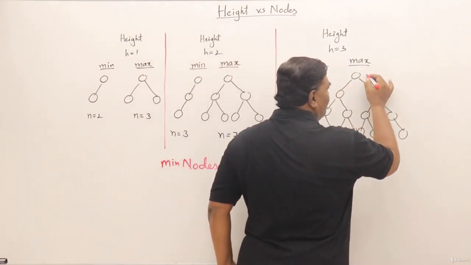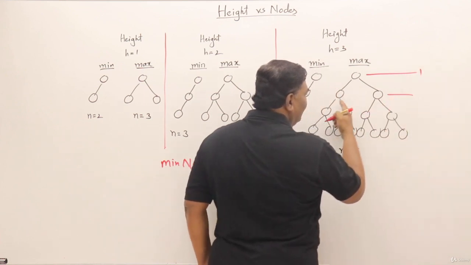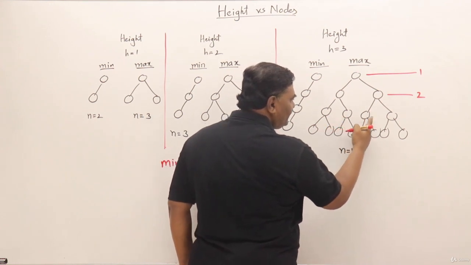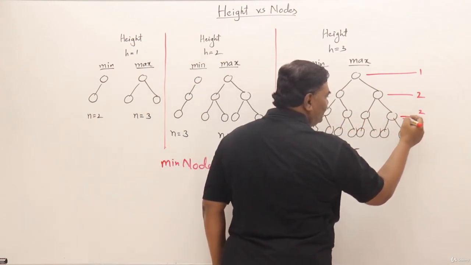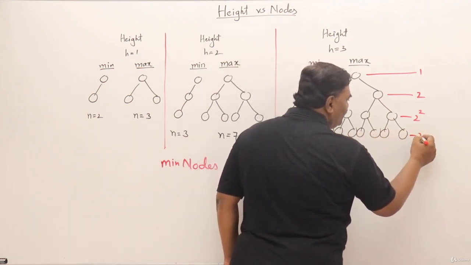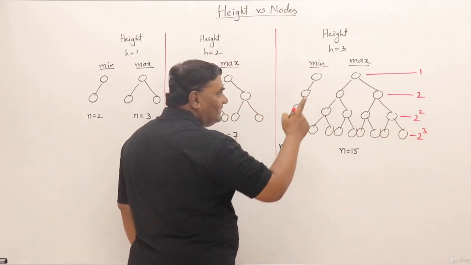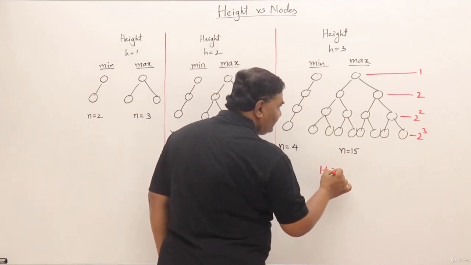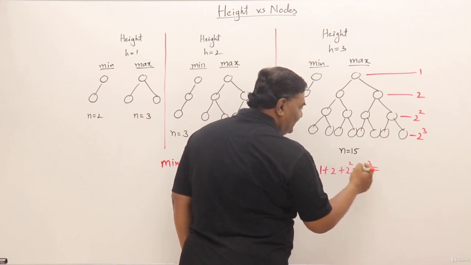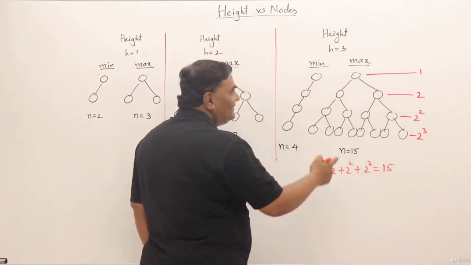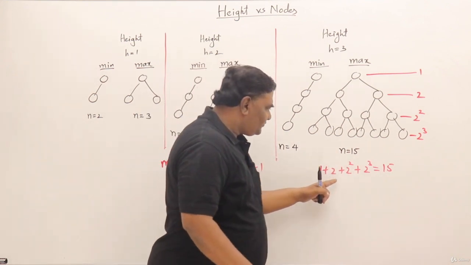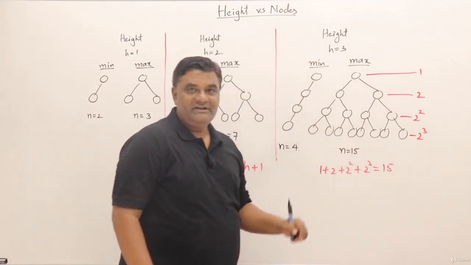We got 15 because this is one node, and in this level there are 2 nodes, and in this level 1, 2, 3, 4 nodes are there, that is 2 square nodes, and in this level 1, 2, 3, 4, 5, 6, 7, 8, 2 cube nodes are there. So this is 1 plus 2 plus 2 square plus 2 cube. This answer is 15. So all these nodes when they are added, it is becoming 15.